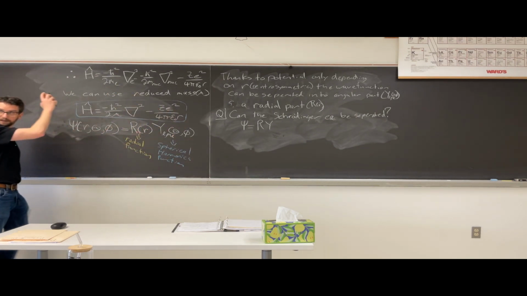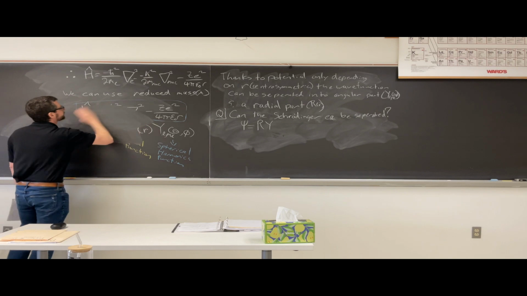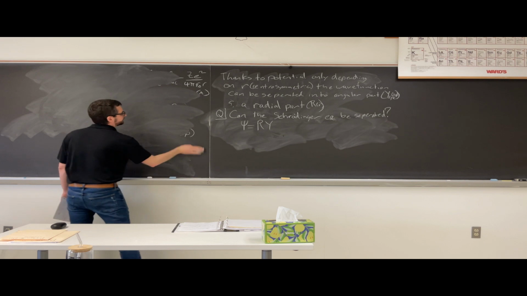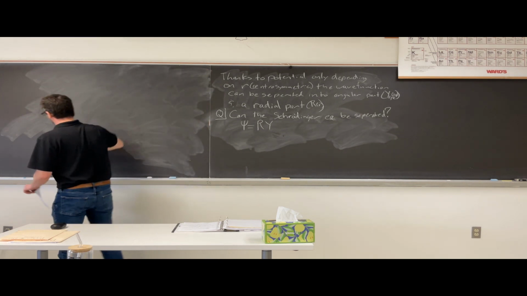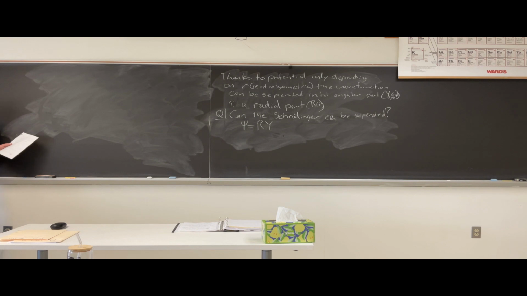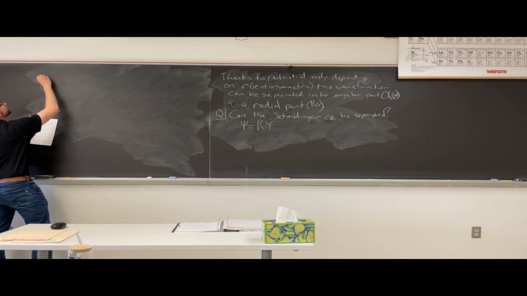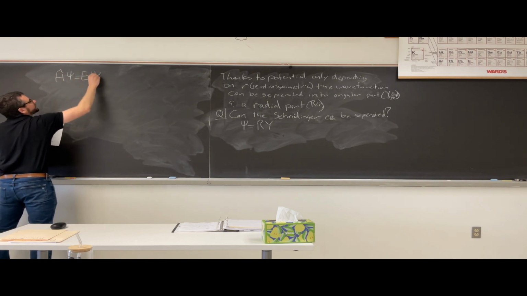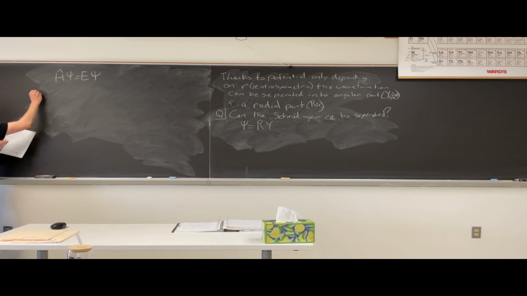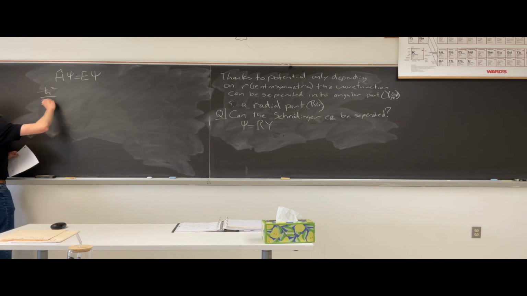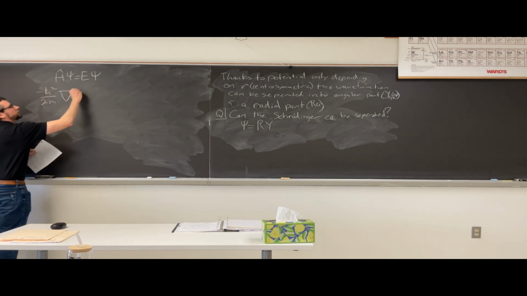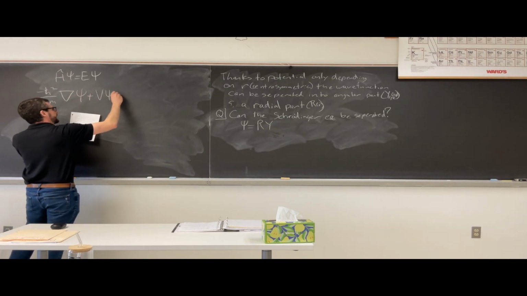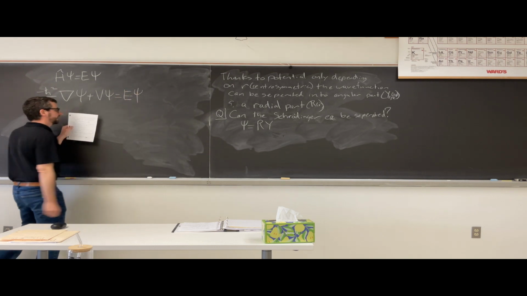Am I okay to erase this side? Okay. So we got H psi equals E psi. Let's plug stuff in for H. Negative h bar squared over 2m, the gradient squared of psi, then plus V psi is equal to E psi.